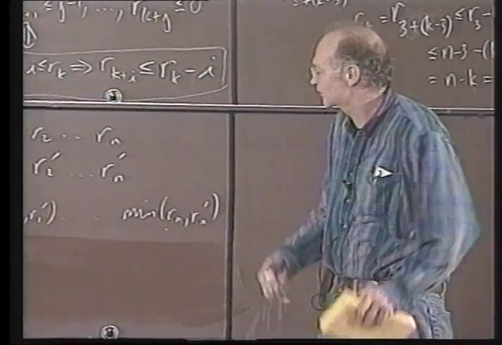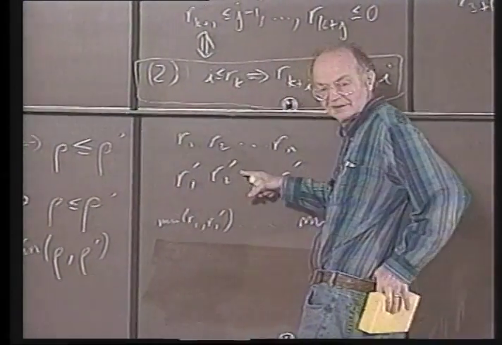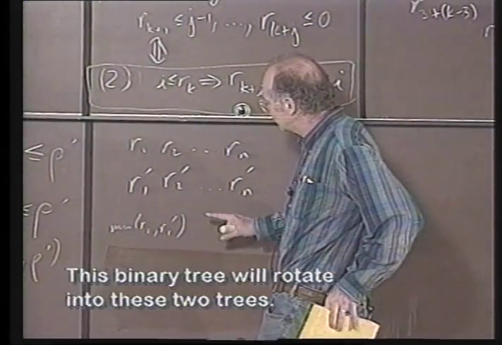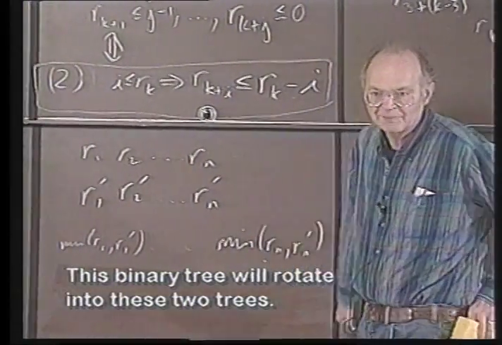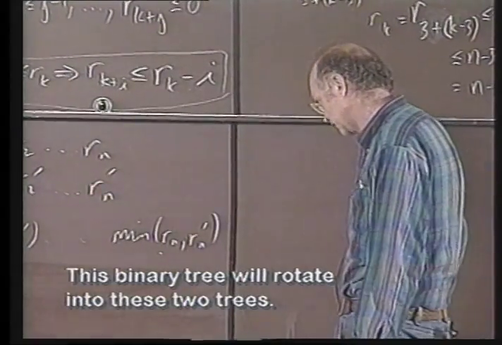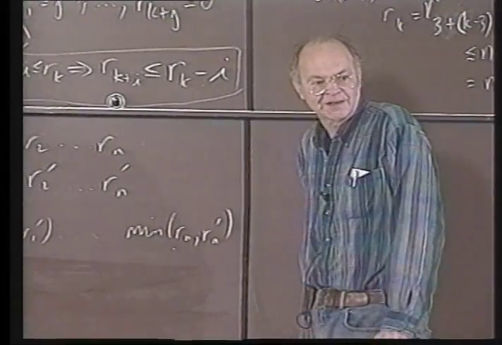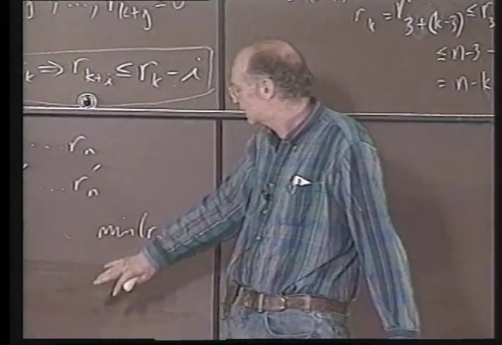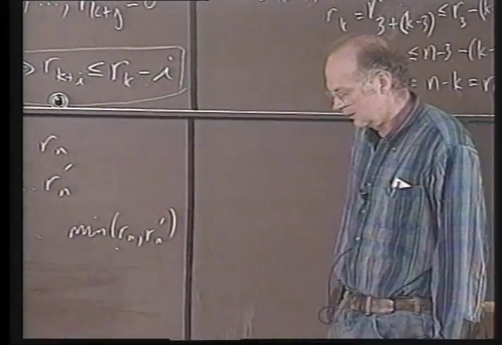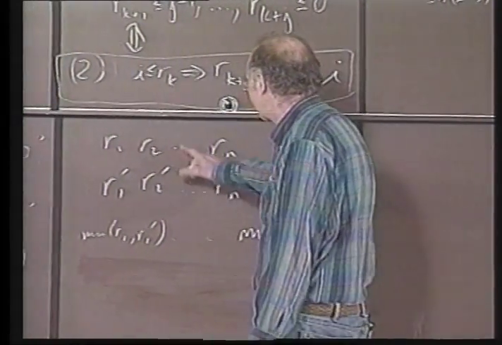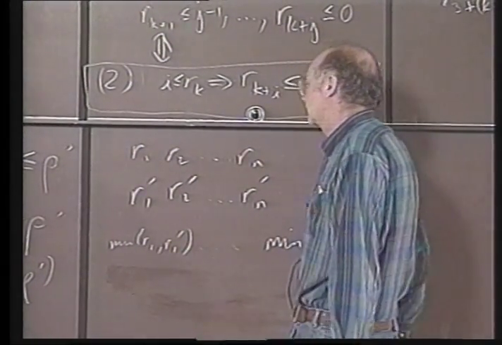The significance of that binary tree is it is less than or equal to this one, and it's less than or equal to this one. Therefore, this binary tree will rotate into this one and this one. It's a common less than or equal to both of them. And it's the largest such, because if anybody is less than both of them, it has to be less than or equal to this one. This is the biggest we could possibly get. And anything else less than both of them would have to be less than or equal to the minimum of the two guys.